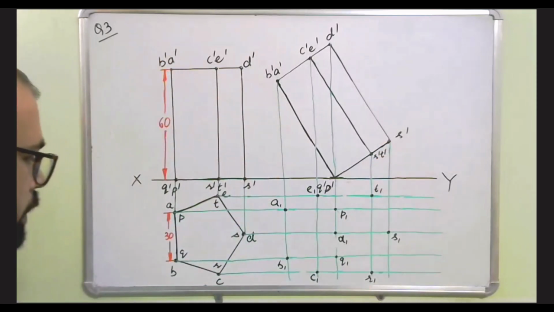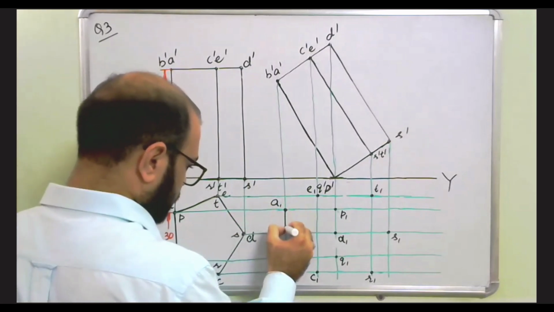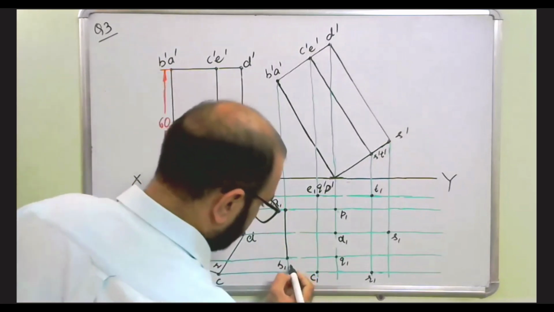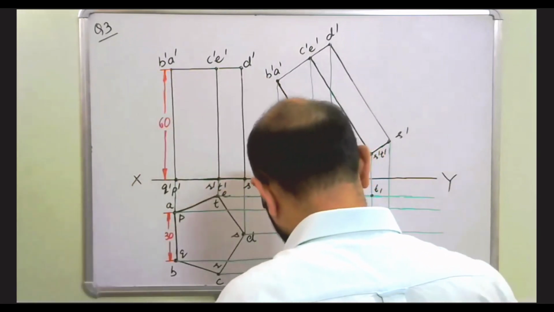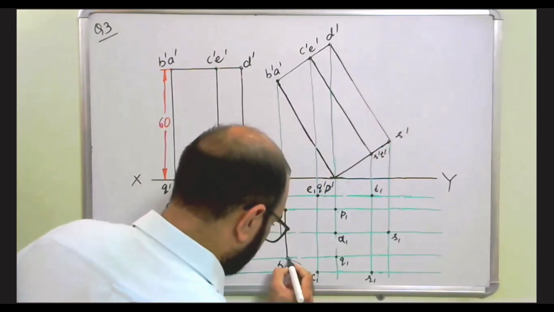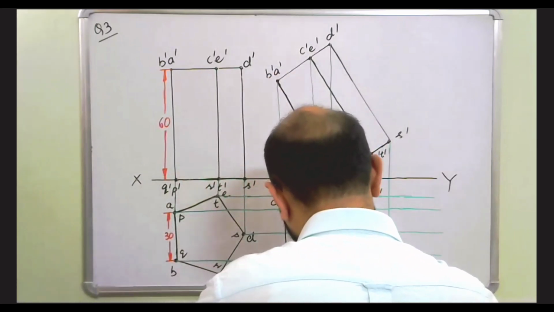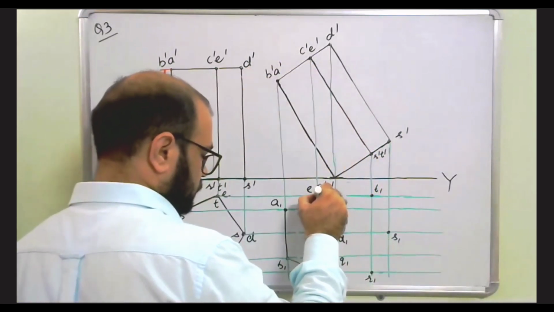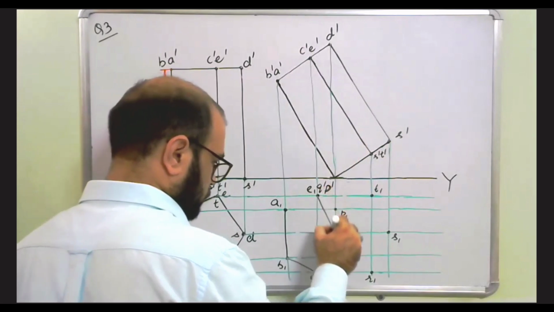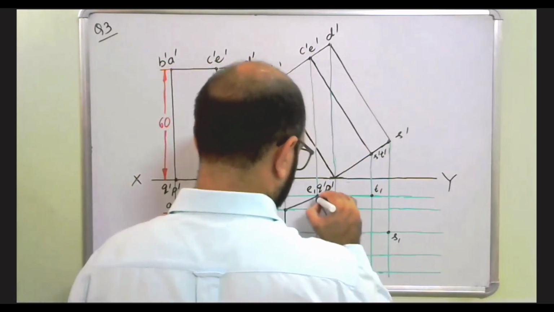Right, so now you can join A with B, A1 with B1, B1 with C1, then C1 with D1, then D1 with E1, E1 with A1.